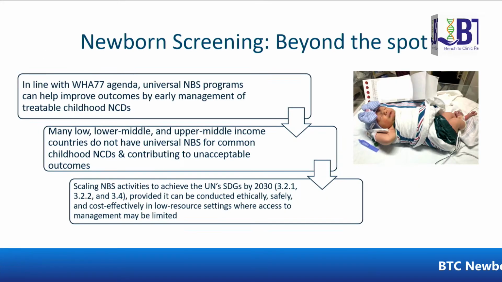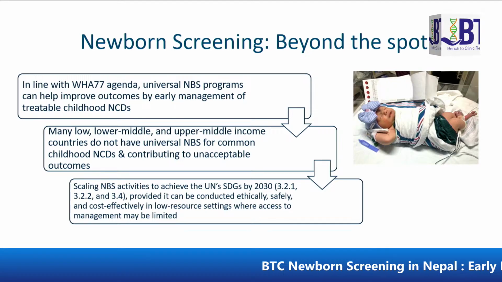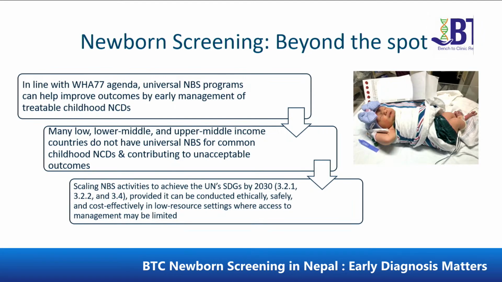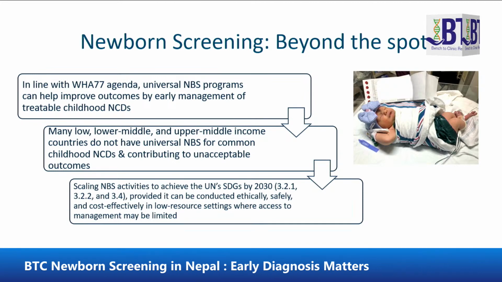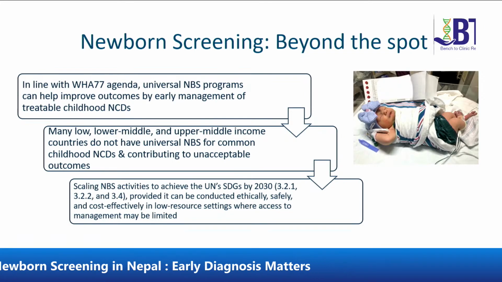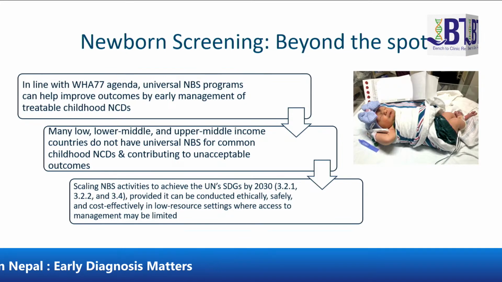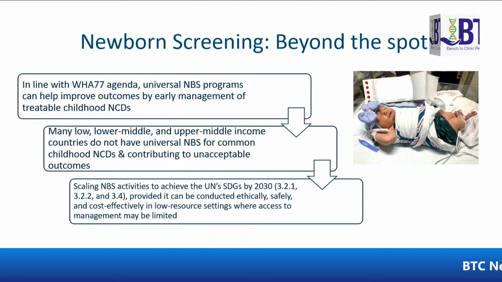In line with the World Health Assembly 77 agenda, universal newborn screening can help improve outcomes, as we all know by now, through early management of treatable childhood non-communicable diseases. While these programs are very well established in many high-income countries, many low-middle-income and upper-middle-income countries continue to struggle to have universal newborn screening for common childhood NCDs, and therefore there are unacceptable outcomes.